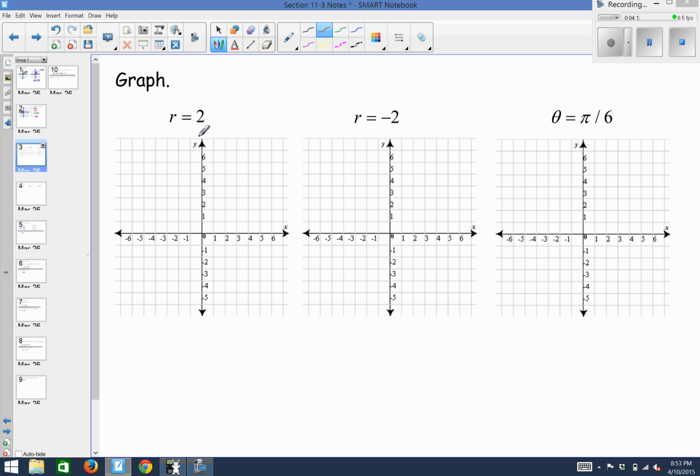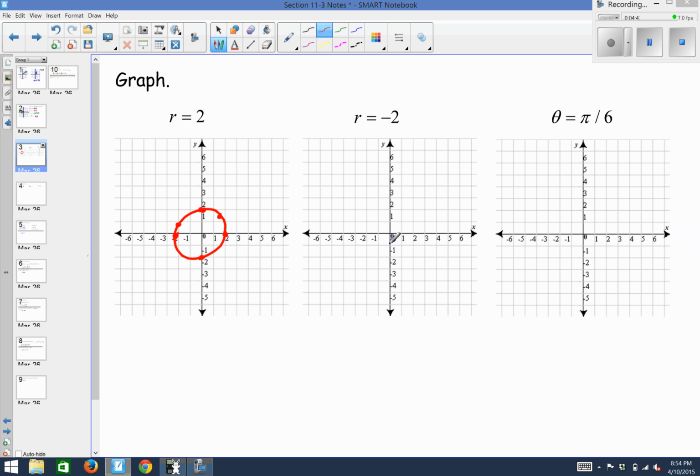If r is 2, this is telling me that my distance from the origin is always going to be 2, no matter what the angle is. I could have it at an angle of 0, or pi over 2, or pi, or 3 pi over 2, or pi over 4, or 5 pi over 6. If I just kept picking all these different angles with a radius of 2, what I eventually get is a circle.